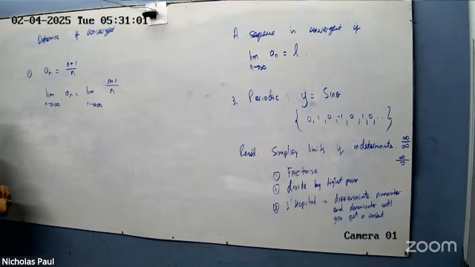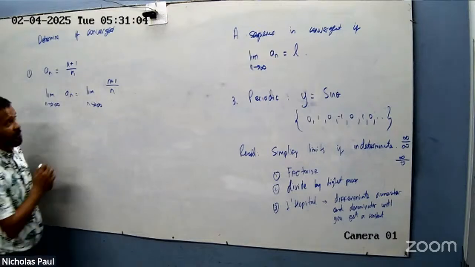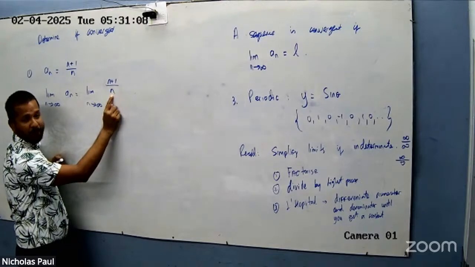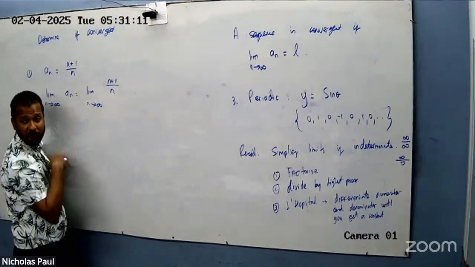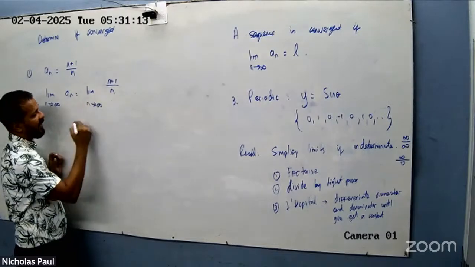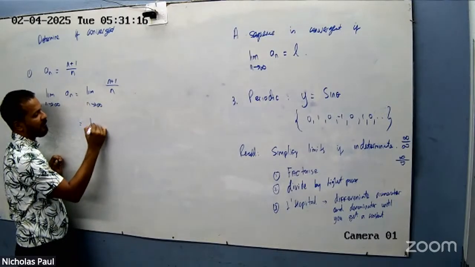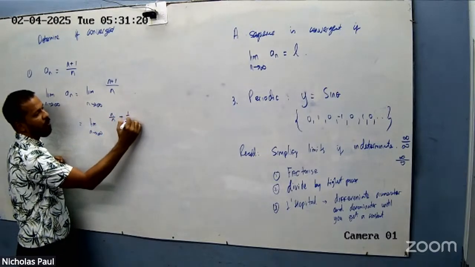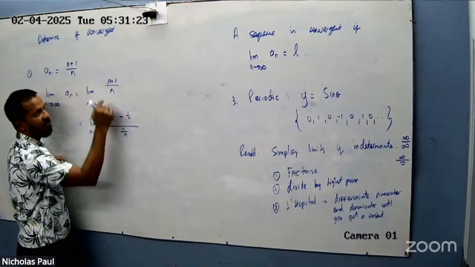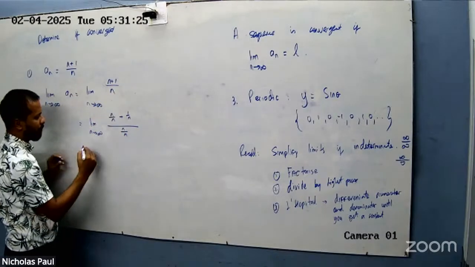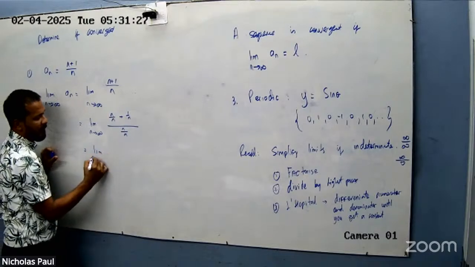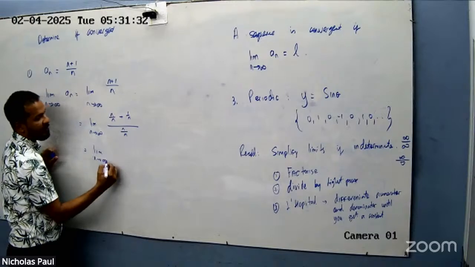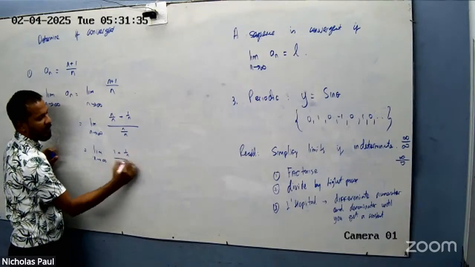Again, you can't factorize, so divide everything by the highest power. What's the highest power here? n. So divide everything by n. It'll be n on n plus 1 on n, plus n on n. You divide every single one by n, and you end up with the limit as n approaches infinity of 1 plus 1 on n, all over 1.